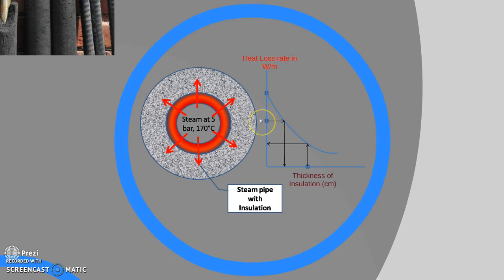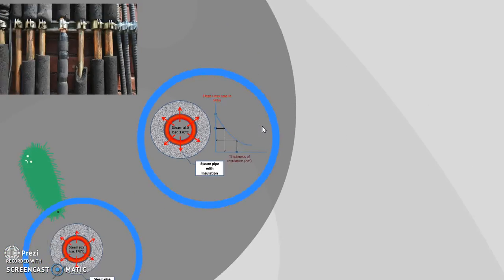And for this particular heat transfer rate to be allowed, how much thickness of insulation needs to be provided? So he will make a cross mark here, and from this point he can draw one horizontal which will intersect this curve here. From this point one vertical can be plotted, and this point will give the thickness of insulation for which this particular rate of heat transfer can be given. So this is the first kind of problem, which is related with conduction.